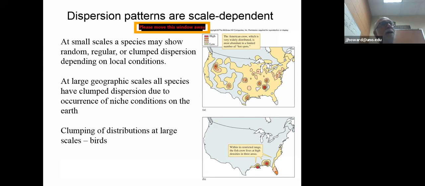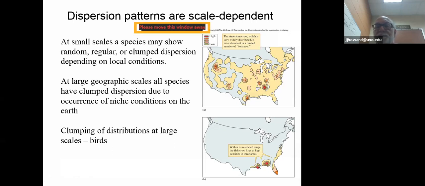And there'll be a huge amount of the face of the Earth that is not occupied by that species. So at large geographic scales, all species are clumped or aggregated. That's because the niche conditions don't occur evenly across the face of the Earth. So small scales, you get these different patterns. At large scales, every single species you can imagine, maybe except people, is aggregated.